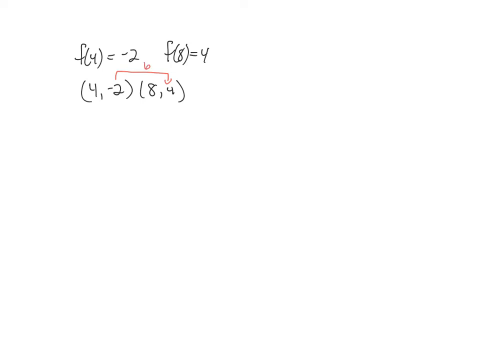Six. And then 4 to 8 goes up. How much? 4. So our slope is 6 over 4, but I do want to reduce that, if possible. If it's a fraction and it can be reduced, you want to do that.